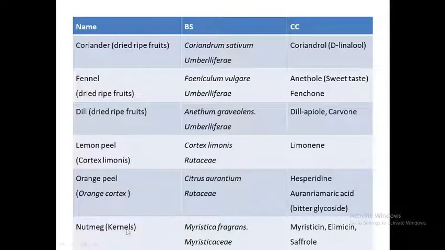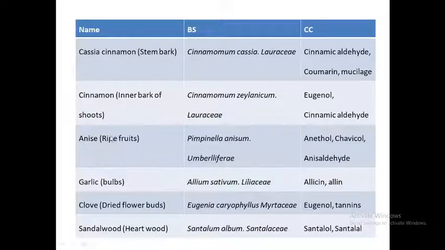Then just see the nutmeg. These are the kernels of Myristica fragrans belonging to family Myristicaceae, and the major chemical constituents are myristicin, elemicin and safrole. These are the major chemical constituents in nutmeg. Next, Cassia cinnamon. These are the stem bark of Cinnamomum cassia belonging to family Lauraceae.